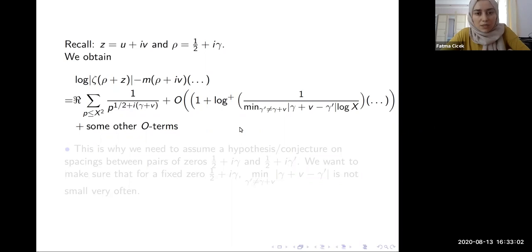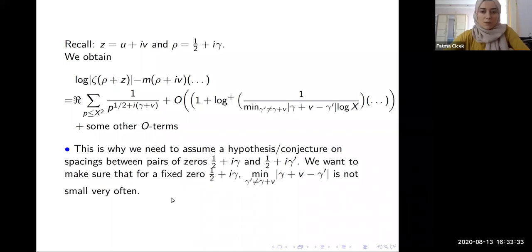And once we do that, we will also have a term that will depend on the distance between an ordinate of a 0 and gamma plus v. So if this minimum here is too small, then this other term is going to be really large. So of course, in our approximation, we believe that that won't happen very often.